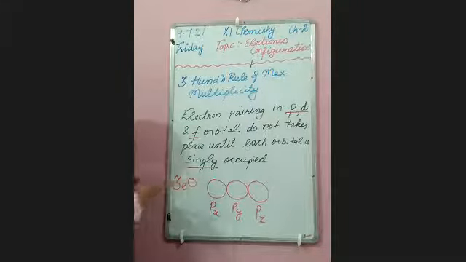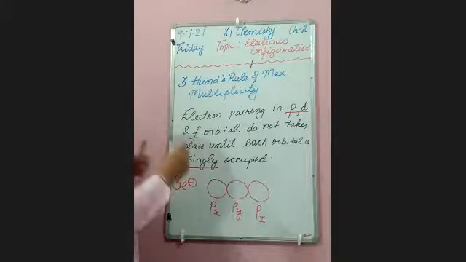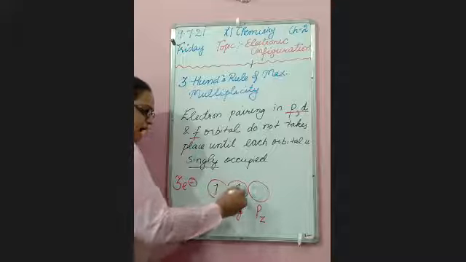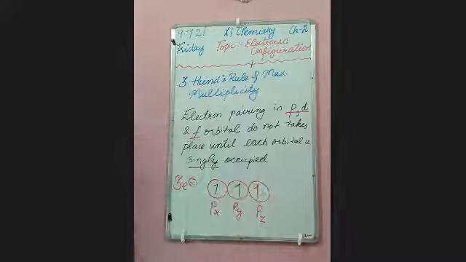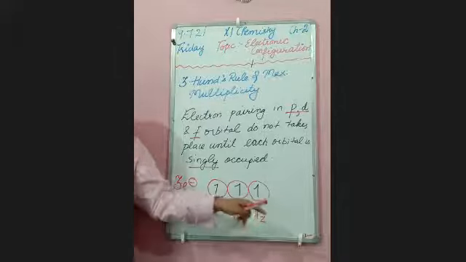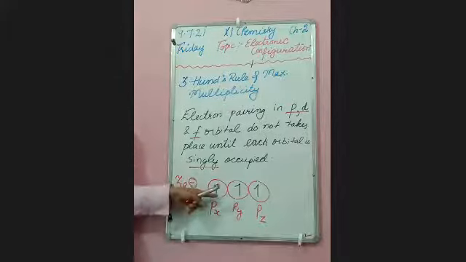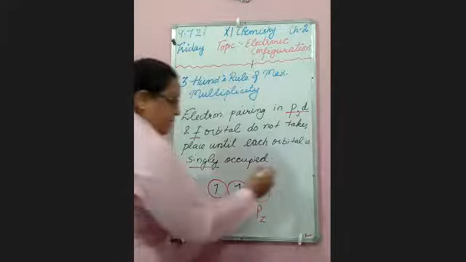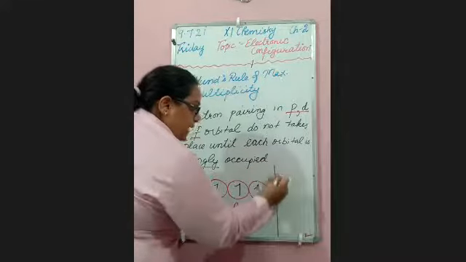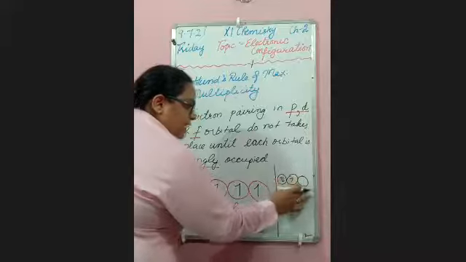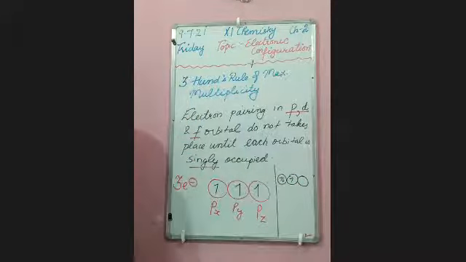In that case you have to put one electron in each of the 3 orbitals. This is the correct representation of the configuration. If you do it like this, where you start pairing in one and one is left empty, no.